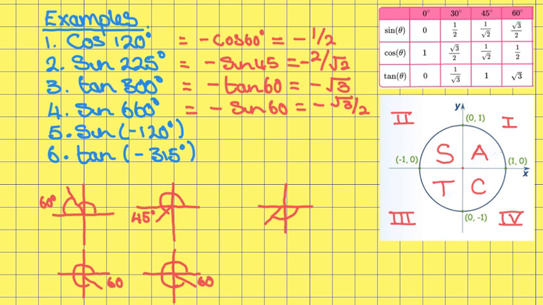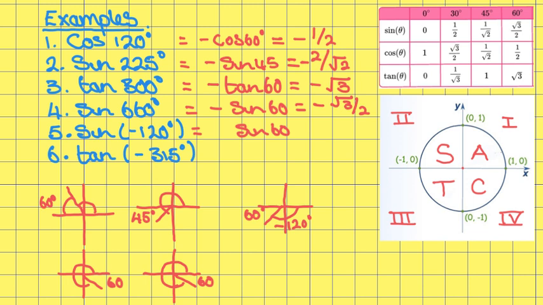So the acute angle will be 60 degrees. So that's minus 120 degrees. That is 60, so it is sine 60. It is in quadrant 3.